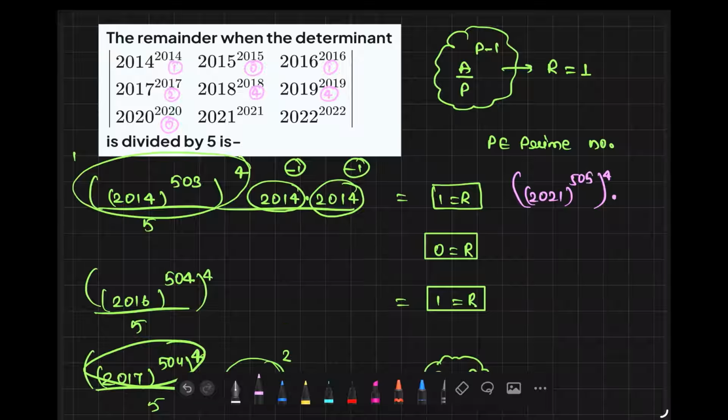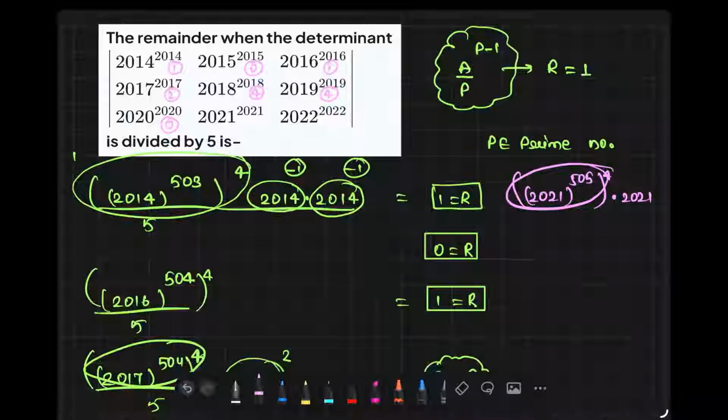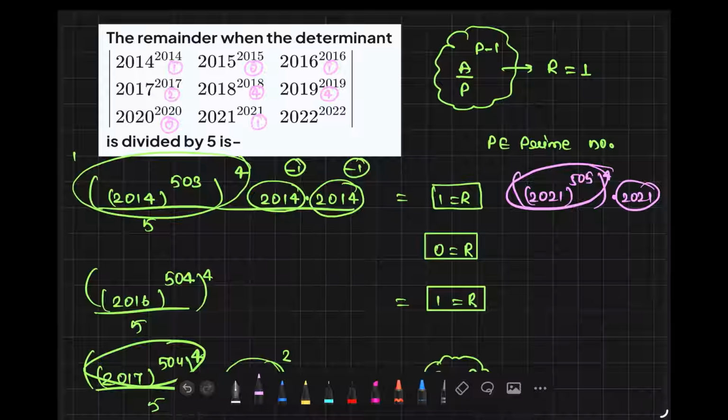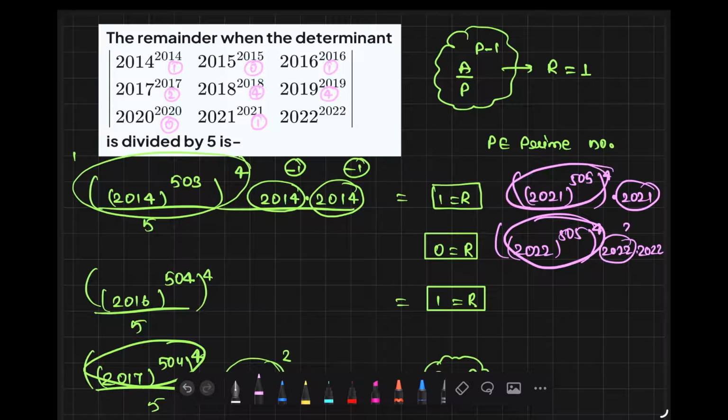So we have 2021, one extra. This will give you 1 as the remainder, and this will give you 1 as the remainder. So here it is 1. Now this is 2022 to the power 4, and here I will write 505. So it is 2022 squared. Here 1 remainder, here 2, and here 2. So 2 times 2 is 4, and 1 times 4 gives remainder 4. So this much hard work you did to find out this thing.